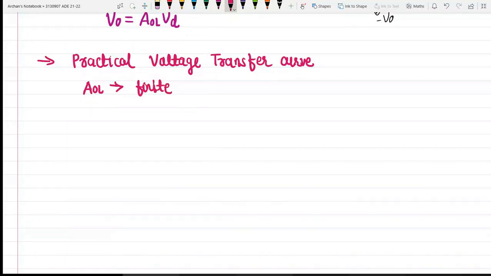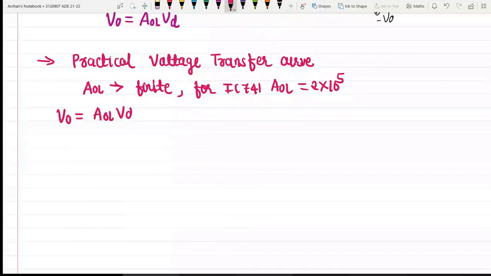If we talk about the operational amplifier IC741, then the value of gain is 2 into 10 raised to 5. That means whatever the input signal is, the output will be 2 into 10 raised to 5 times the input signal. So in this case we have V0 equal to AOL times VD, where AOL is 2 into 10 raised to 5 times VD.